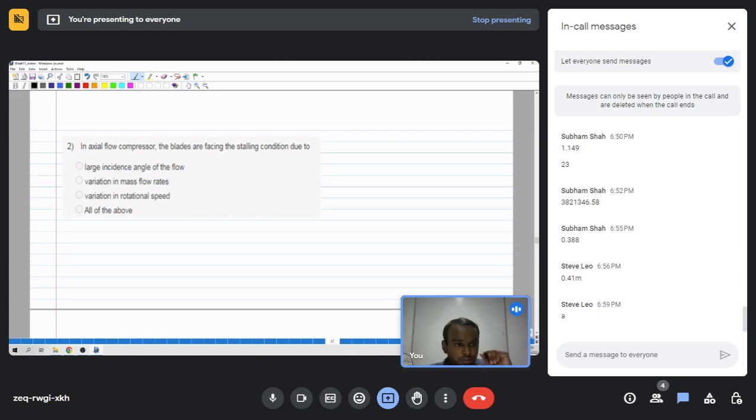In an axial flow compressor, the blades face the stalling condition due to: large incidence angle of the flow, variation in mass flow rates, variation in rotational speed, or all of the above.